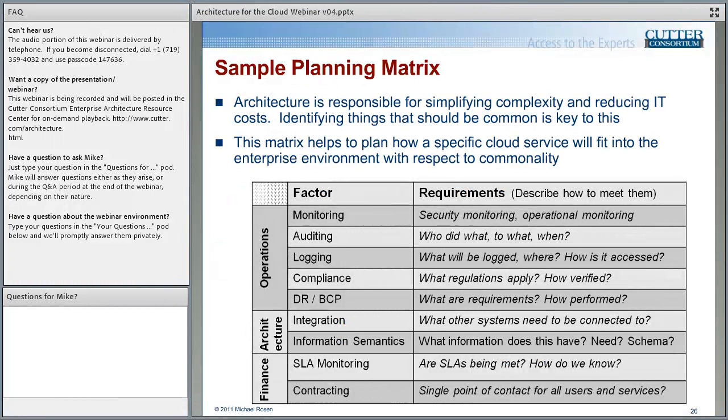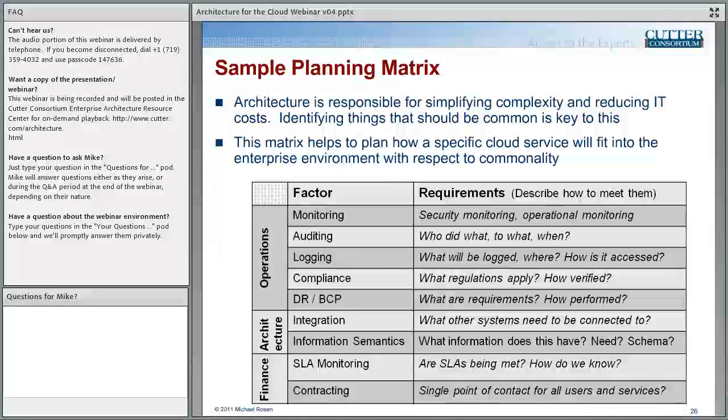Now, we want to minimize the amount of that we're doing. So what we might want to have as architects is some kind of a planning approach. Here is a sample planning matrix. Architecture is responsible for simplifying complexity and reducing IT costs, lots of different kinds of complexity and costs, such as data integration.